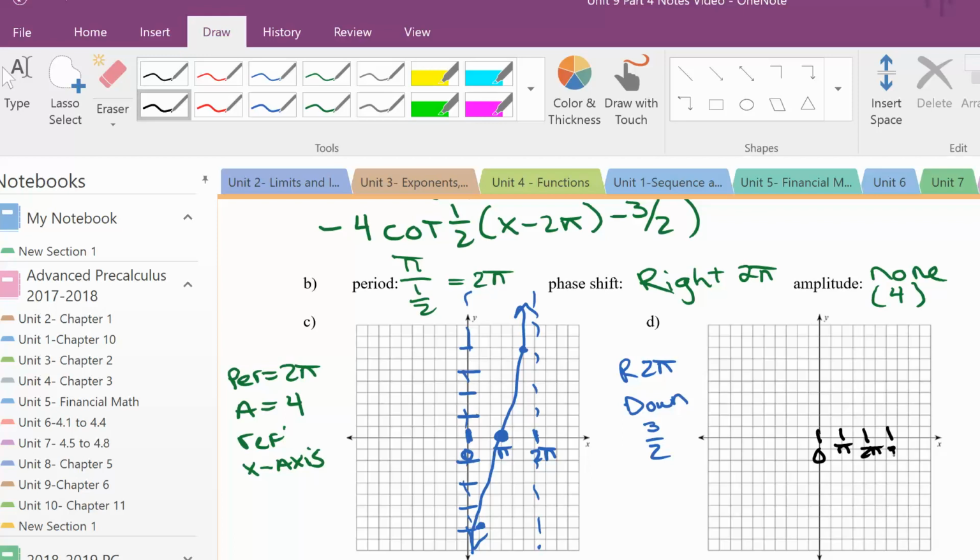So then you have 3 pi and 4 pi. So everything now, the asymptote's moved over 2 pi. And then the point in the middle, which was at pi, is now at 3 pi, but it also went down 3/2.